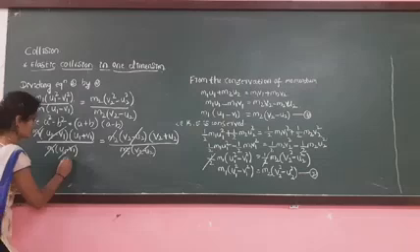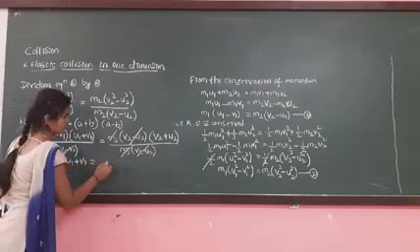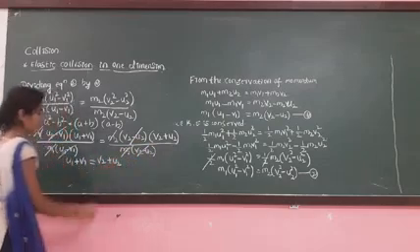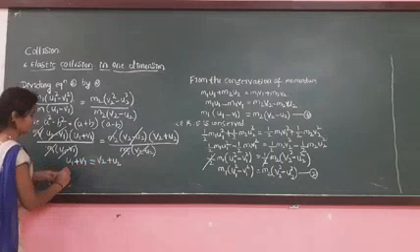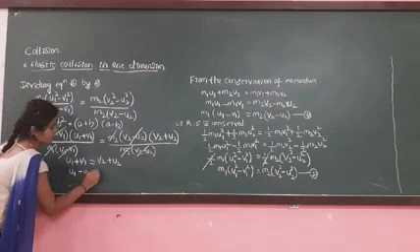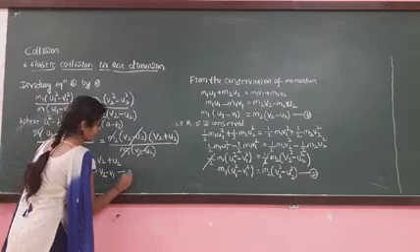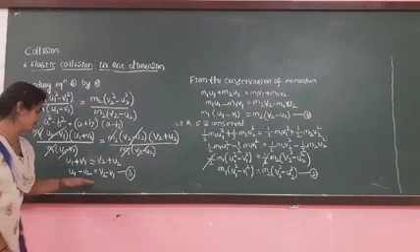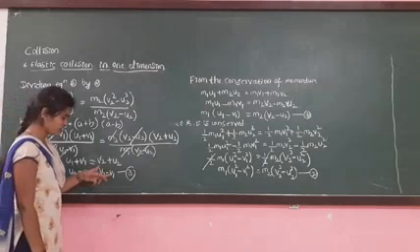The remaining equation is u1 plus v1 equals v2 plus u2. Rearranging, u1 minus u2 equals v2 minus v1. This is equation number 3.